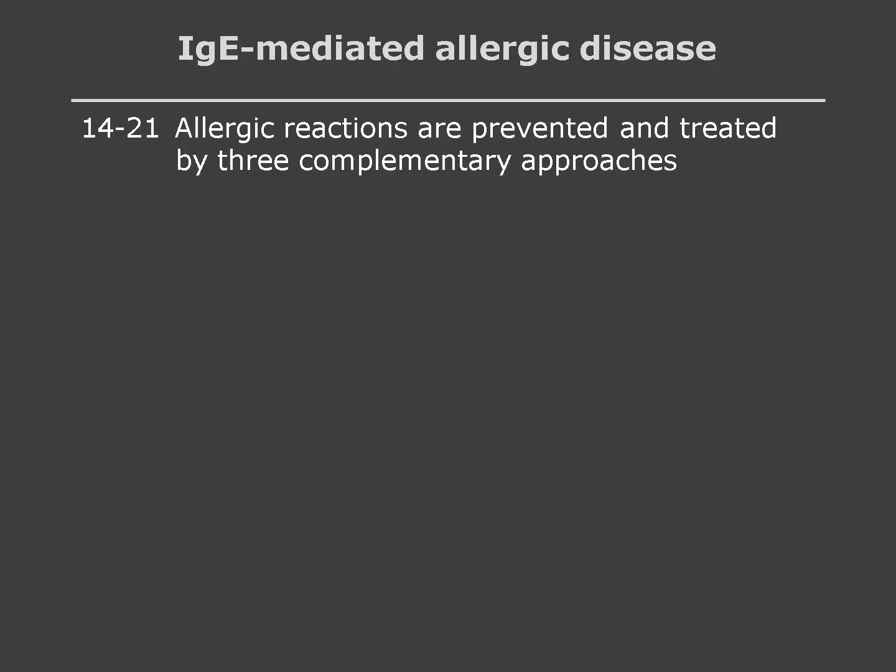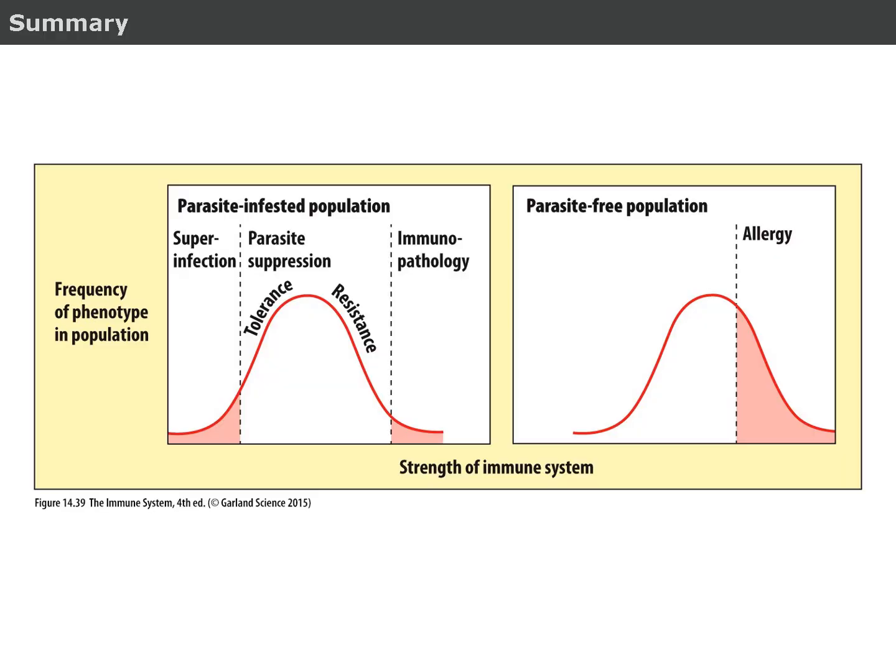Allergic reactions are prevented and treated by three complementary approaches. This figure compares immune system strength and disease outcomes between parasite-infested and parasite-free populations. In parasite-infested populations, a balance exists between tolerance, resistance, and immunopathology.